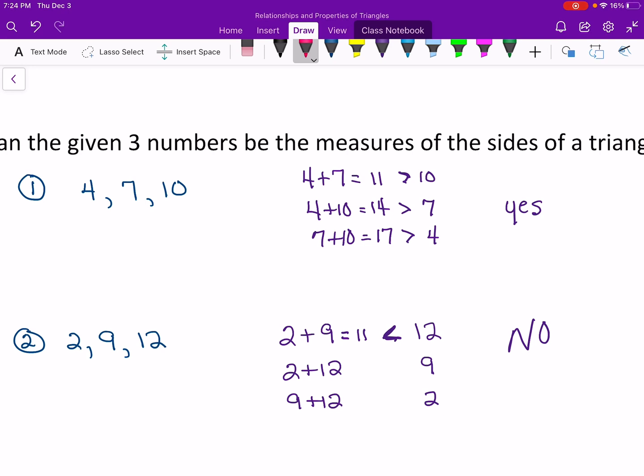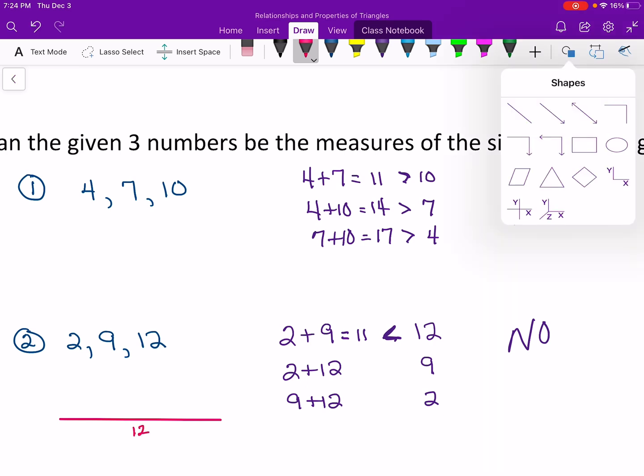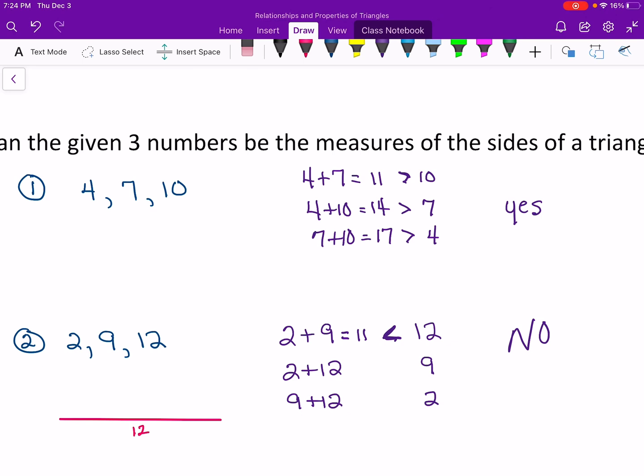All right, 2 and 9. Here's my 12. I'm going to say that one's 12 units long. Now right beside it, I'm going to draw another one that is 11 units long. Let me just put it kind of above it so you can see. Oops, let's change that color.